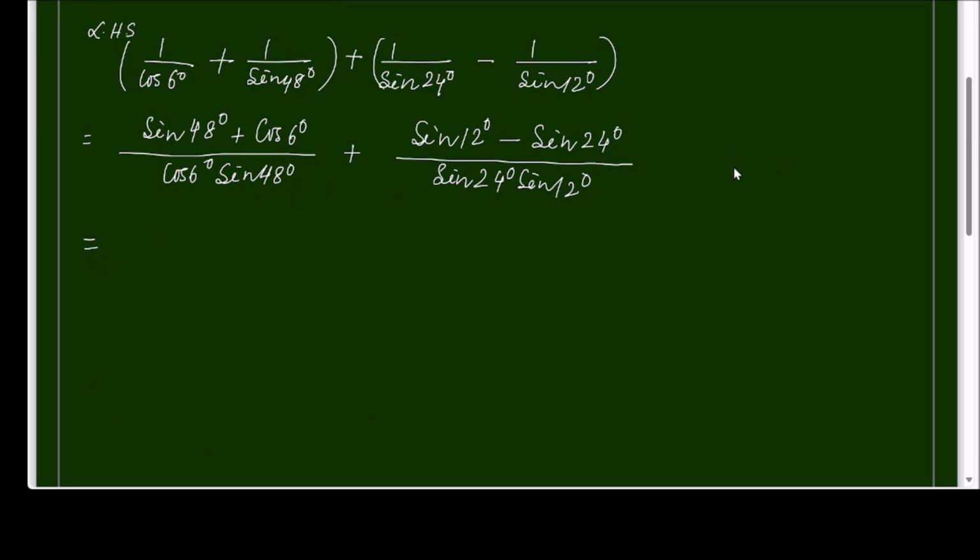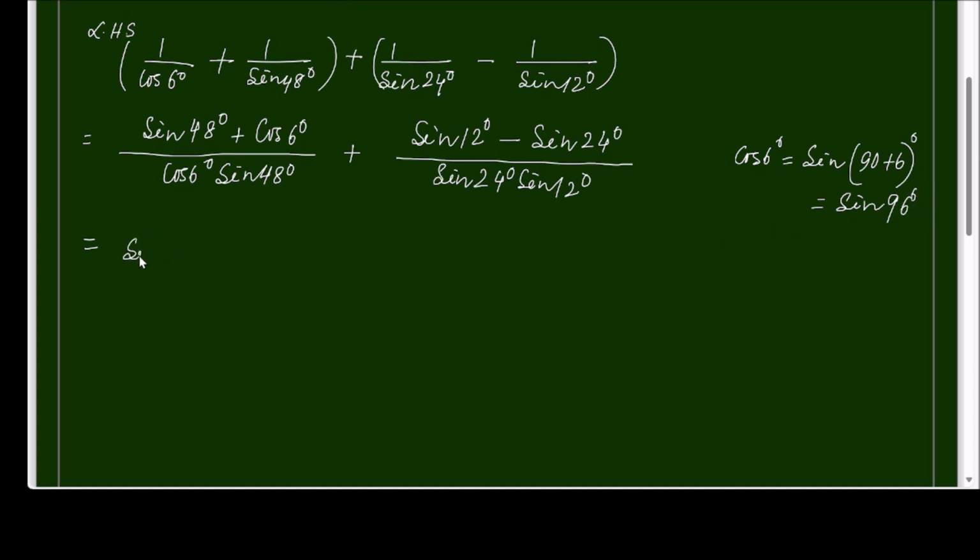So here, to make an arrangement, cos 6 degree I'll write as sine 90 plus 6, that will be sine 96 degree. That means in the numerator I am making both the functions sine.